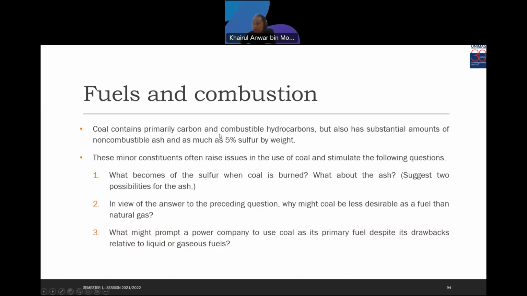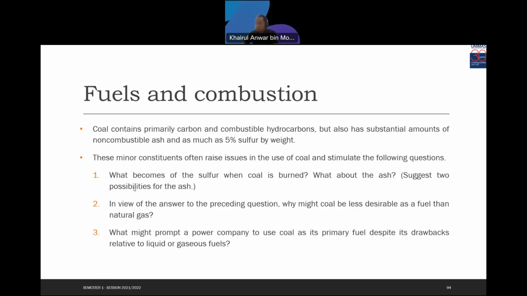Coal contains primarily carbon and combustible hydrocarbon, but also has a substantial amount of non-combustible ash and as much as 5% sulfur by weight. This minor constituent often raises issues in the use of coal and stimulates the following questions. What becomes of the sulfur when coal is burned, and what about the ash?